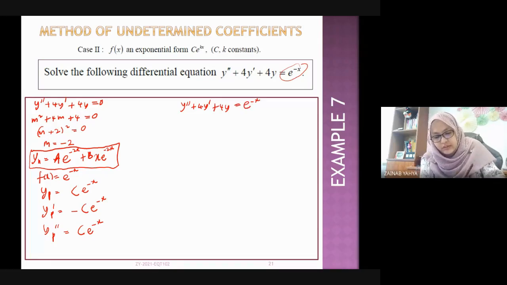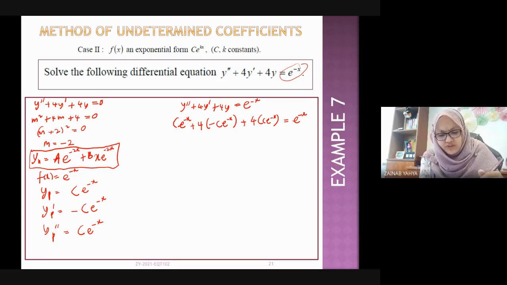So y double prime is c e^(-x), plus 4 times y prime, which is negative c e^(-x), plus 4y, where y is c e^(-x), equals e^(-x).